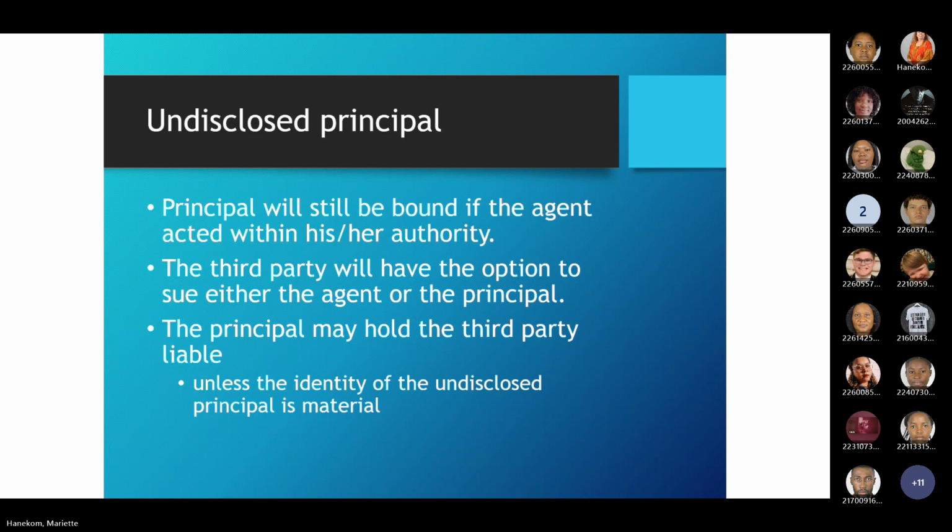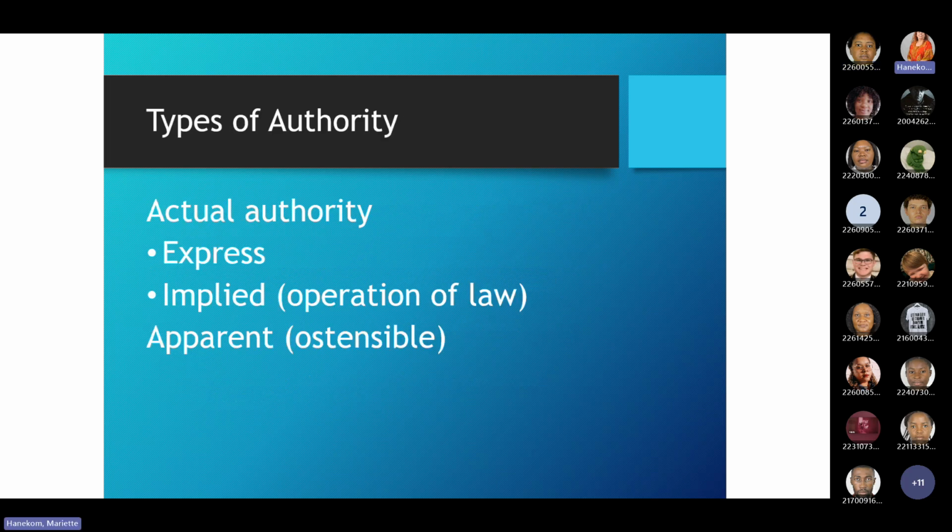Okay, thank you, Miss. Okay, please do ask your questions as we go along so that there are no misunderstandings. So we get actual authority and apparent authority. Those are the two main types of authority. There's either actual authority or apparent authority.